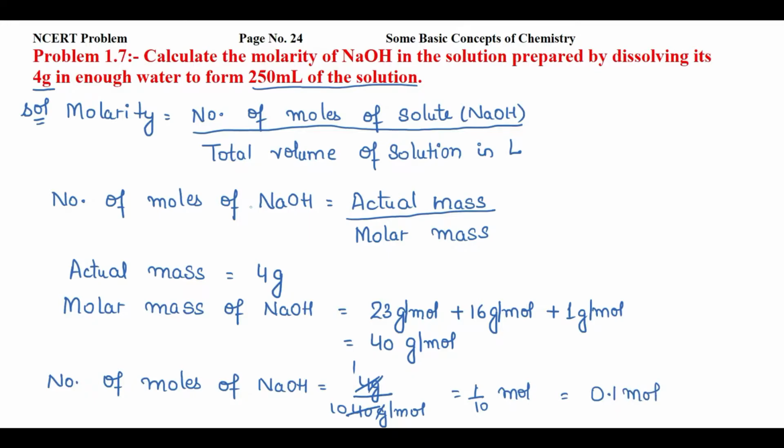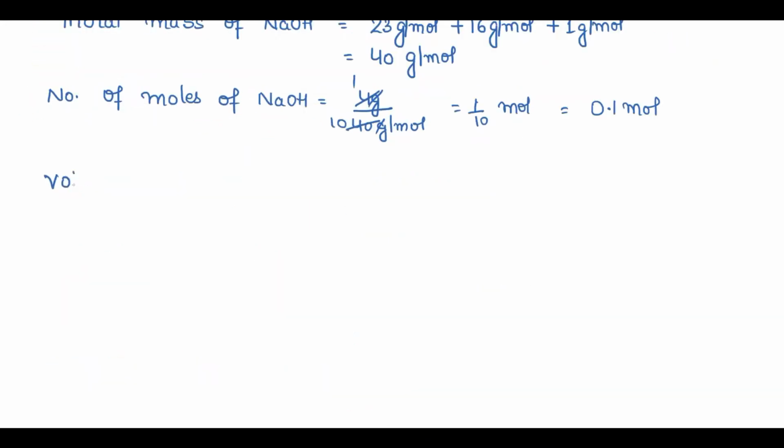Now total volume of solution in liter. Volume of solution is given in the question, right? So volume of solution is equal to 250 ml. But according to the relation, we have to find the volume of solution in liter. So what I'll do, I'll simply convert this ml into liter, right?